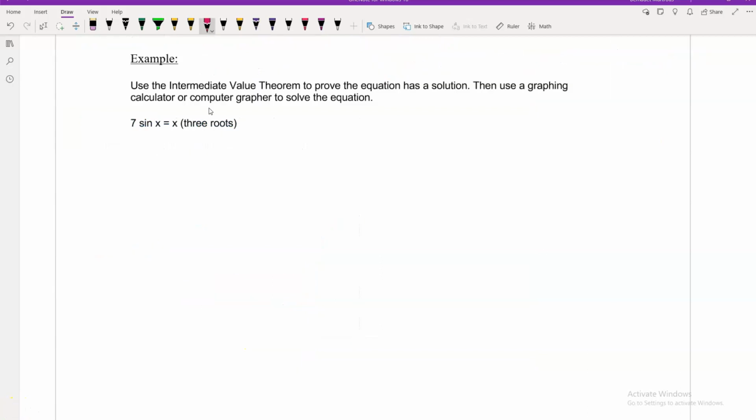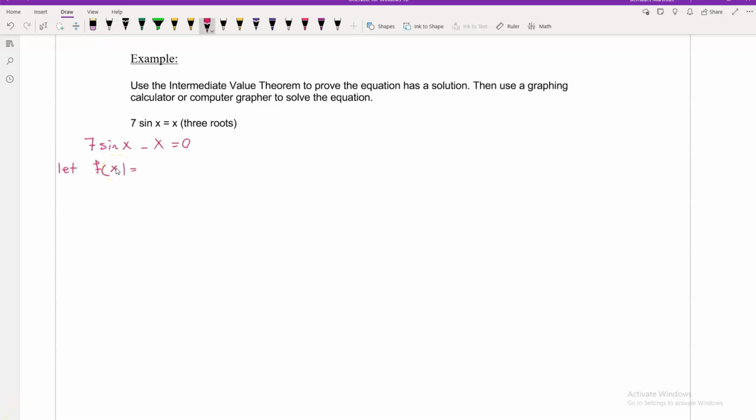Use the intermediate value theorem to prove the equation has a solution. Then use a graphing calculator or computer grapher to solve the equation. So here we have 7 sine x equal to x. We can write this equation as 7 sine x minus x equal to 0.